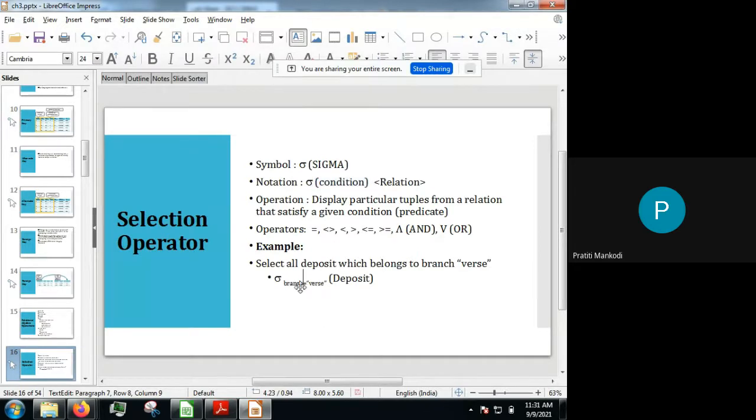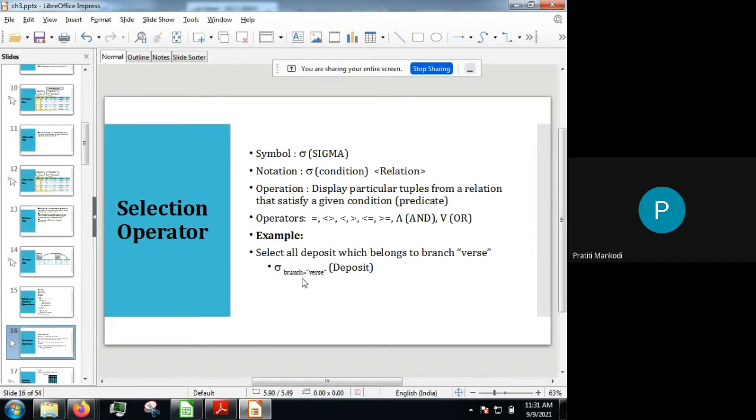This is the example given to you of how you are supposed to write. Select where branch is equal to verse from the table deposit. It will retrieve all the records where the branch name is verse. Let's say branch name is equal to this and account balance is greater than 1 lakh.